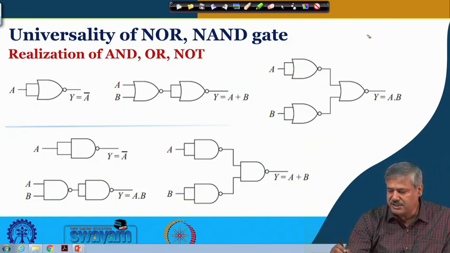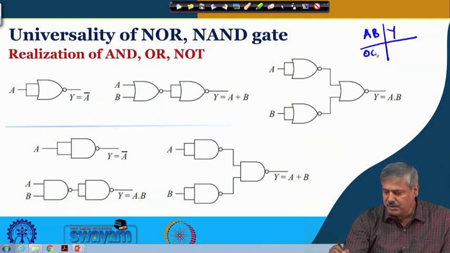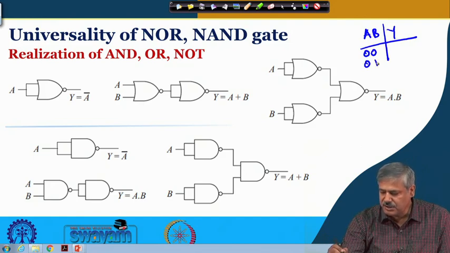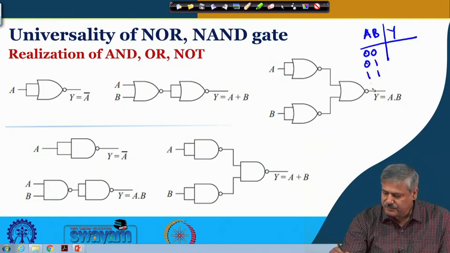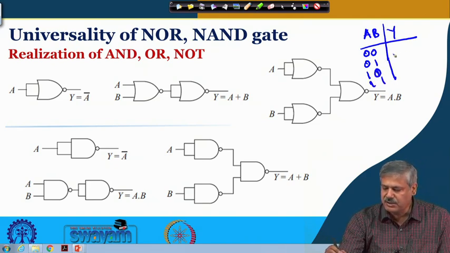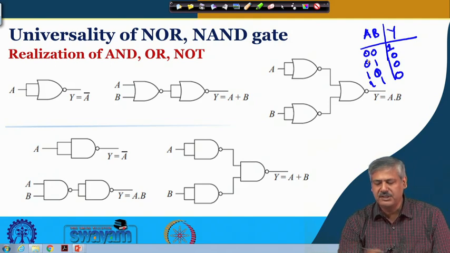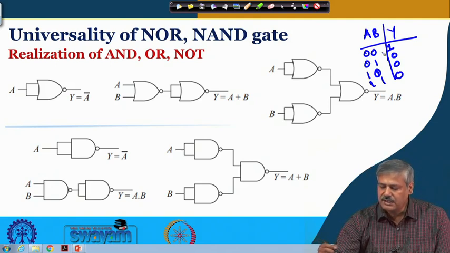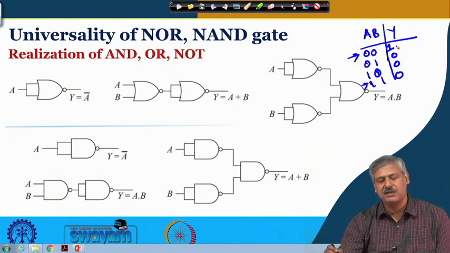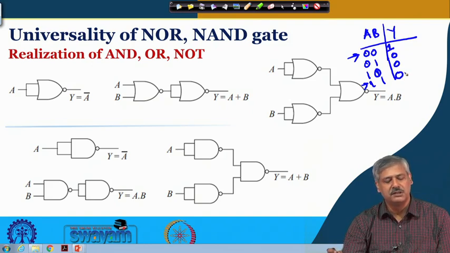If you remember the NOR logic, with A, B and Y: for input 0 0 the output is 1, and for 1 1 the output is 0. For NOR logic, if any input is 1 the output is 0, and when both inputs are 0 the output is 1. If you short A and B, then either the 0 0 case or the 1 1 case occurs. When it is 0 0, the output is 1, and for 1 1 the output is 0, just the opposite.